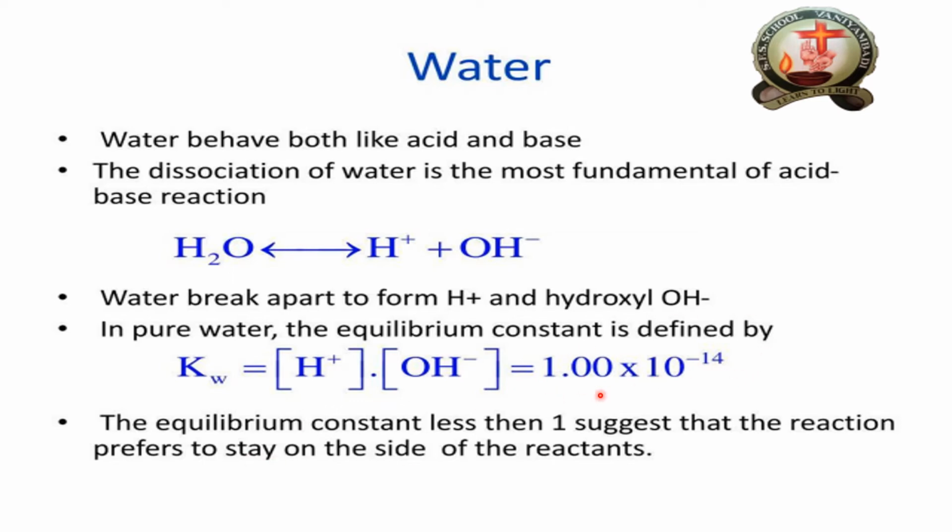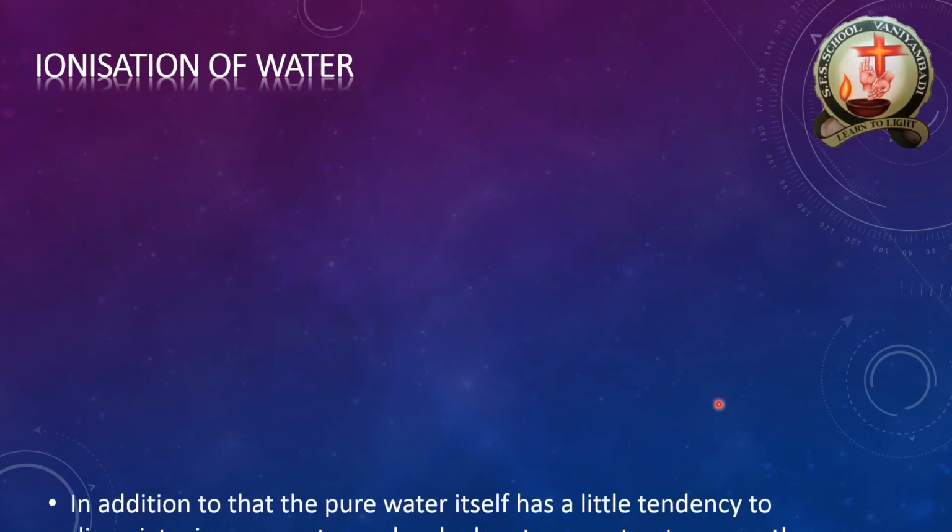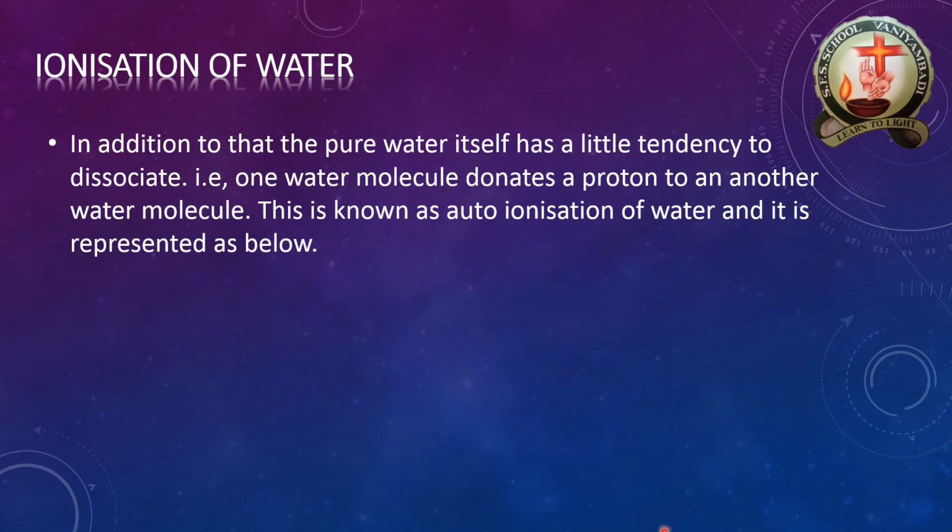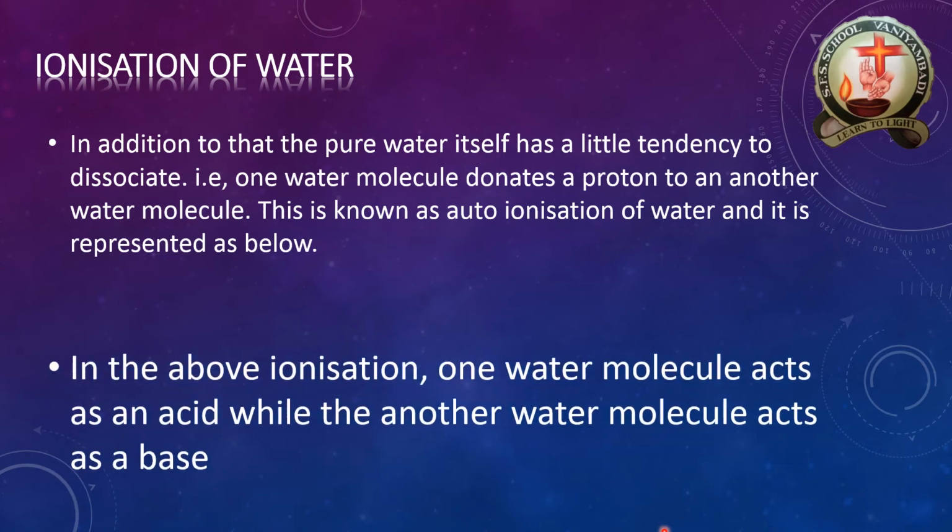So in ionization of water, pure water has a tendency of acting as a base and acting as an acid. That is called autoionization.